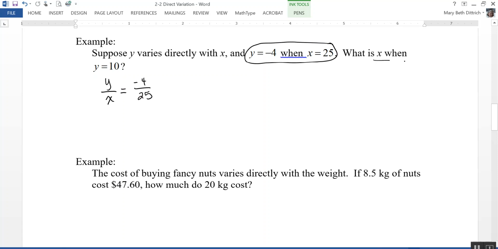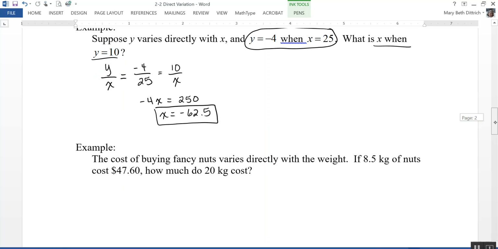Then it asks, what is x when y is 10? We just solve that by cross multiplying. -4x is equal to 250, and x is equal to -62.5.